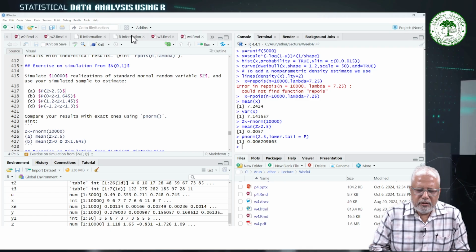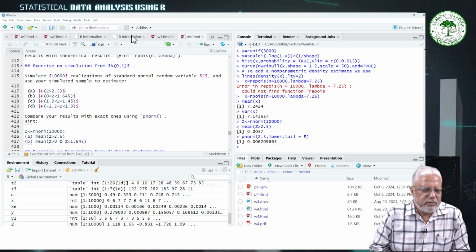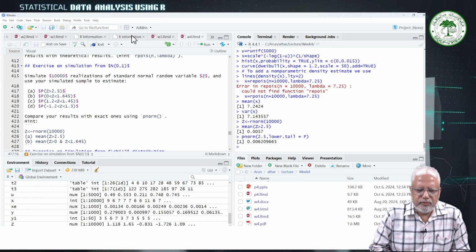Another example, if we want to compute the probability of z between 0 and 1.64.